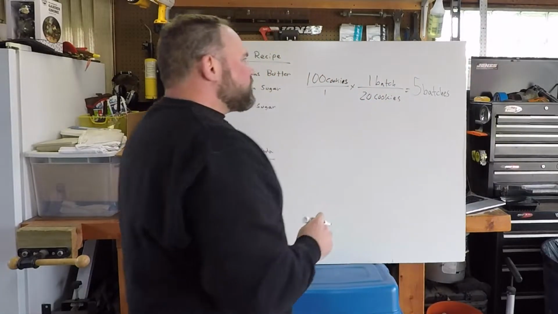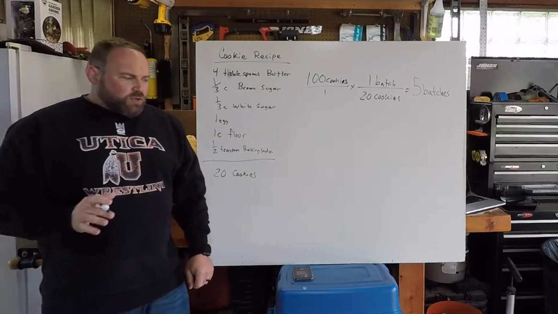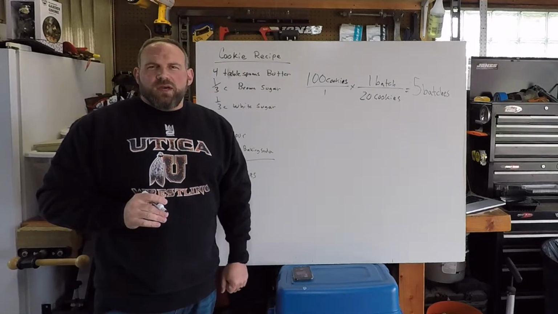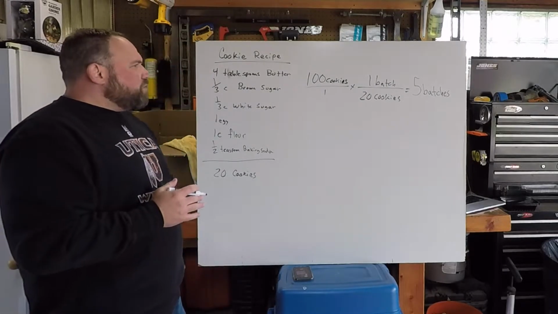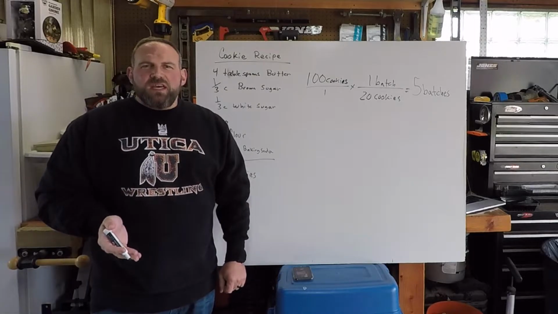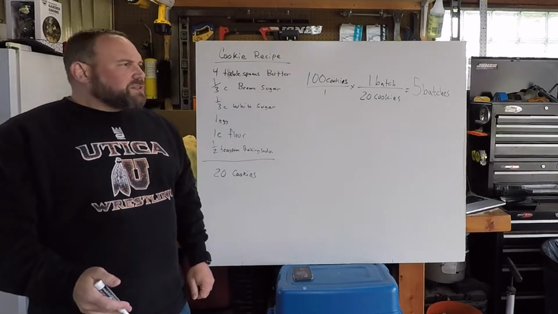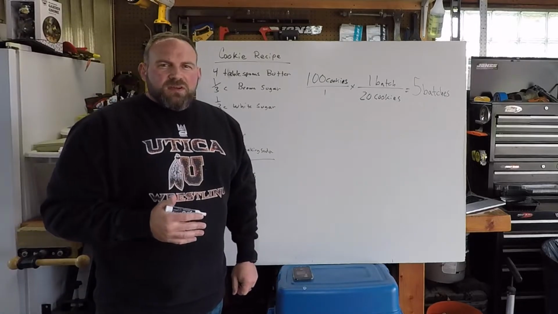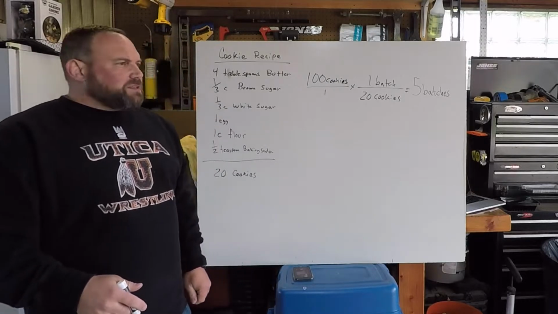So now, when you go to the store, you will know how much stuff you need to get, because I use that 5 and I multiply it by all my ingredients.